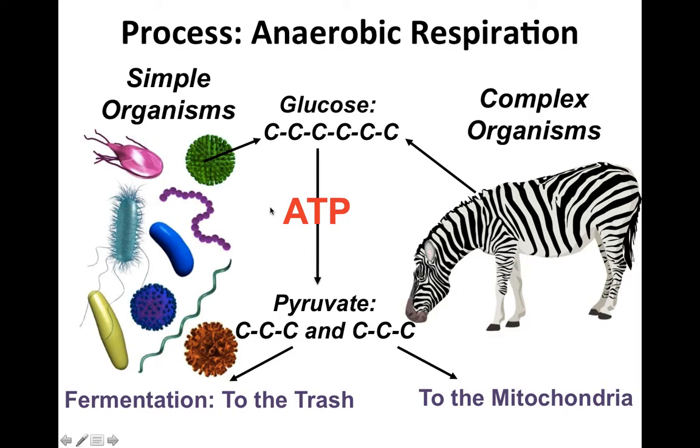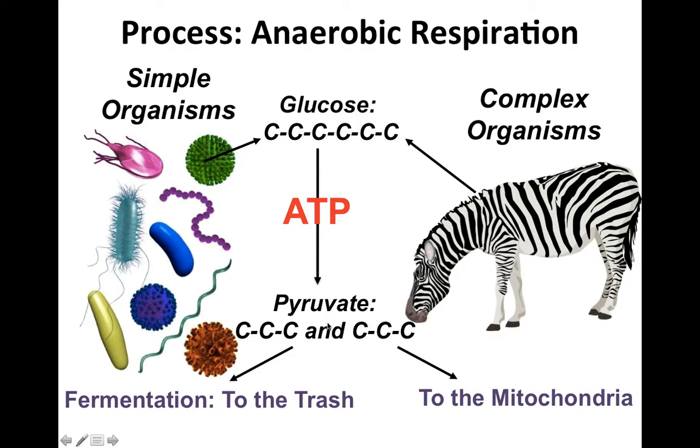All right, so let's review a little bit about what we talked about yesterday in anaerobic respiration. Now, this process takes place in every single living thing in the whole wide world. So this is why I have my simple organisms here and my complex organisms there. This glucose we get through eating, through consuming. And what these guys are going to do is break that glucose in half, bloop, and make it into pyruvate, which is two 3-carbon structures.